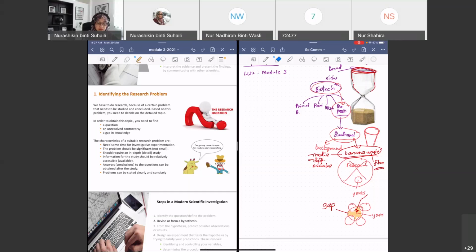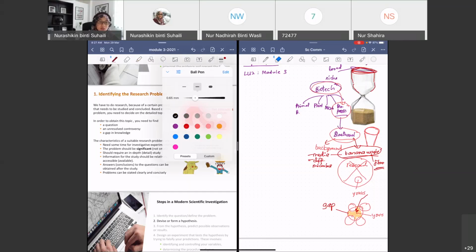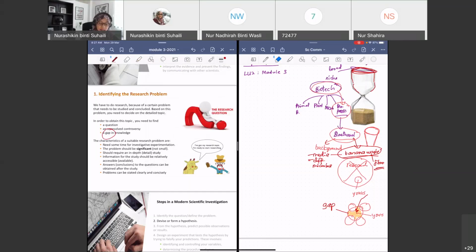So that is a gap. In research, we always emphasize the word gap because that is the thing that we want to look for. This is the research gap. This is the gap, the area that does not overlap with other research. This is your research, and this is other research.